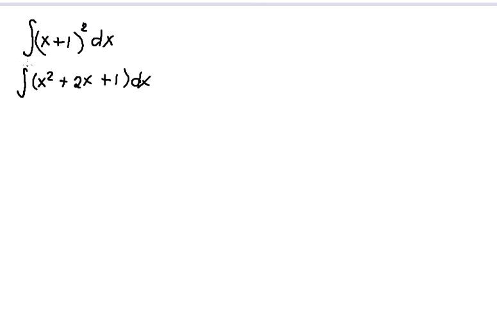dx. Once again, do not forget to write your integral sign until you do the integration. Okay, so let us now integrate this term by term. We have x², then the integral of x² is just x³ all over 3, plus 2x, then 1 plus 1 is 2, all over 2, plus the integral of 1 dx, which is just the integral of dx, so we have x, and then our constant of integration c.